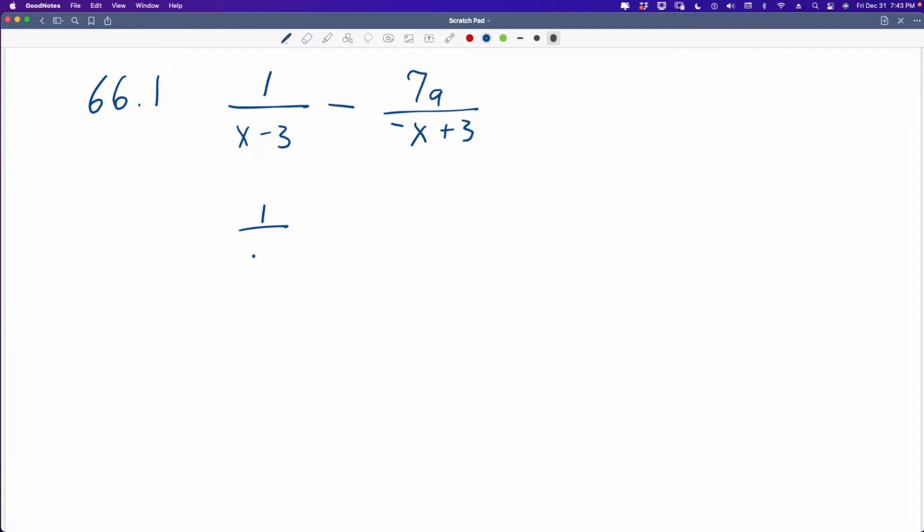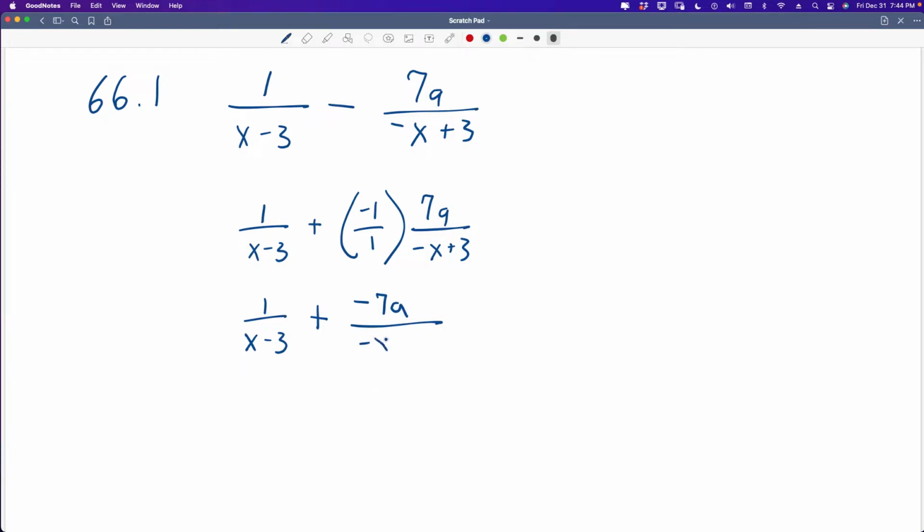So we're going to say 1 over x minus 3 plus negative 1 over 1 times 7a over negative x plus 3. So this becomes 1 over x minus 3 plus negative 7a over negative x plus 3. That did not change the value at all. It just moved our negative sign up to our numerator so that we can see what we are doing a little bit better for the sake of changing our denominator.